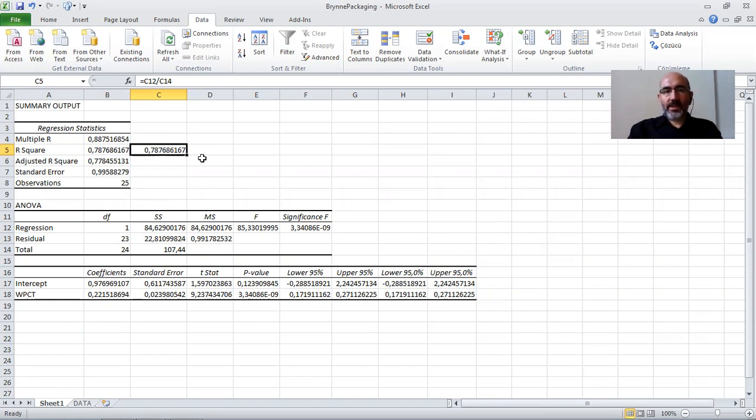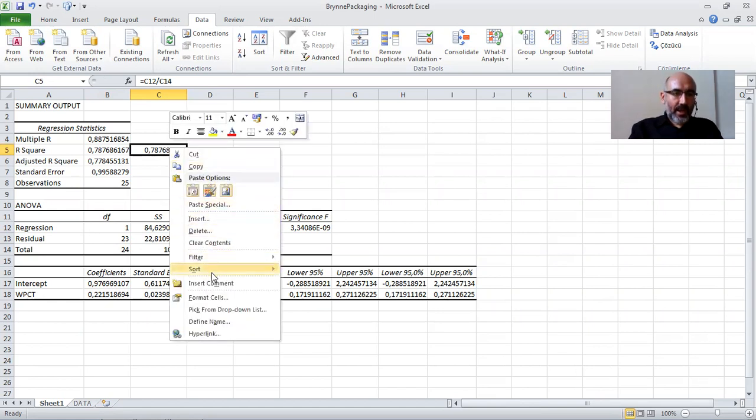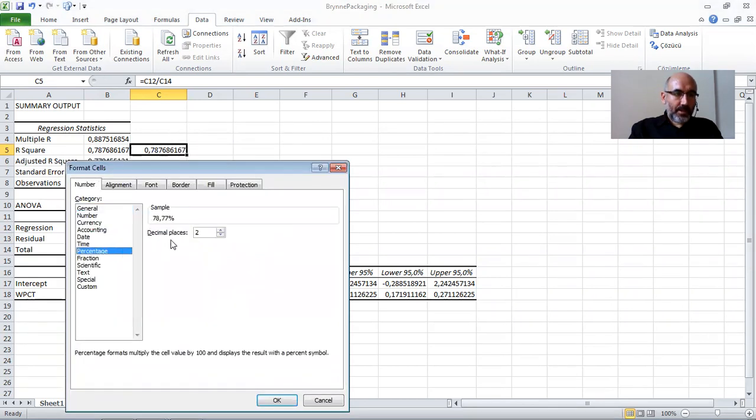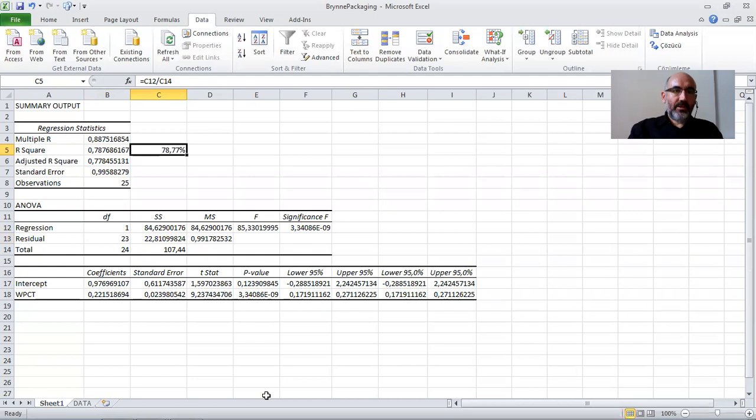Sometimes we represent this as a percentage, and it becomes 78.77%. So we can express this as a percentage of variation in Y explained by X. So now let's go to the mean squares again. Of course, 84 divided by 1, 22 divided by 23. Those are the mean squares.